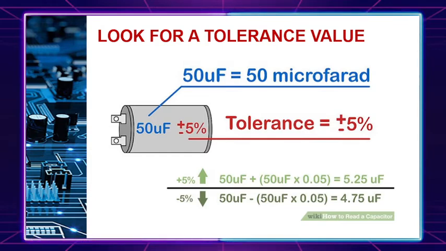For example, a capacitor labeled 6,000 microfarad with a positive 50% or minus 70% could actually have a very different capacitance. Okay. If there is no percentage listed, look for a single letter after the capacitance value or on its own line. This may be code for a tolerance value based on the succeeding slides. So let's get to know more about it.